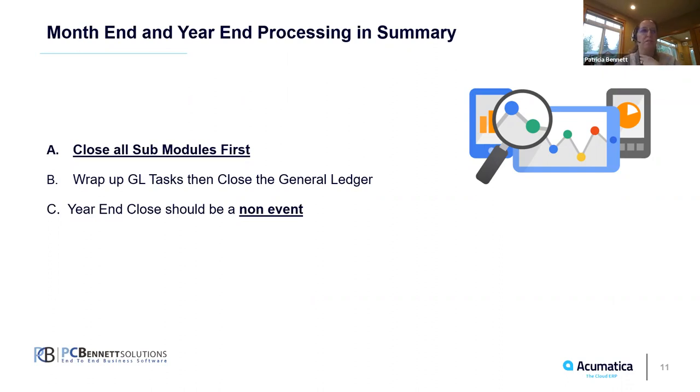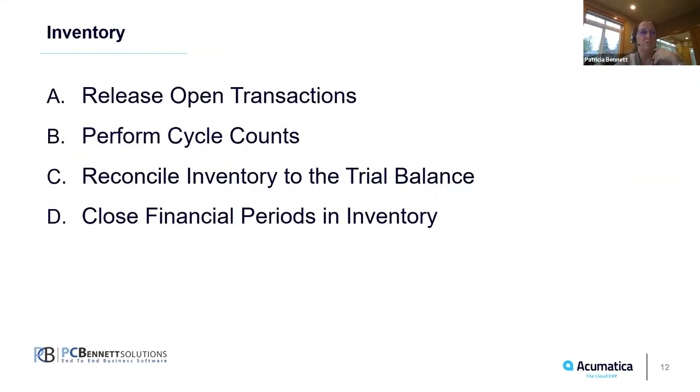Accrued purchases, things like that. As a general rule, if you take your balance sheet and you validate all your balances on the balance sheet, then you can close your months.